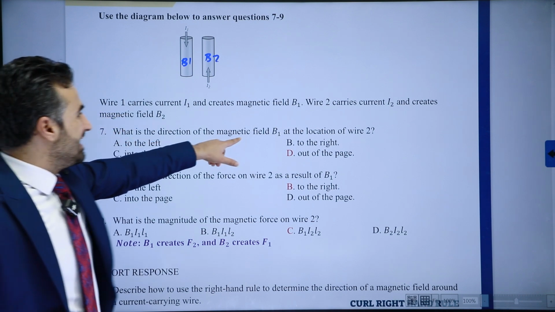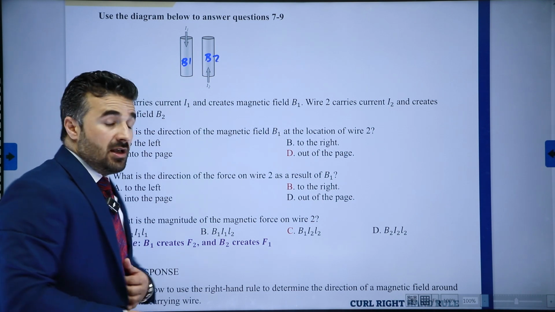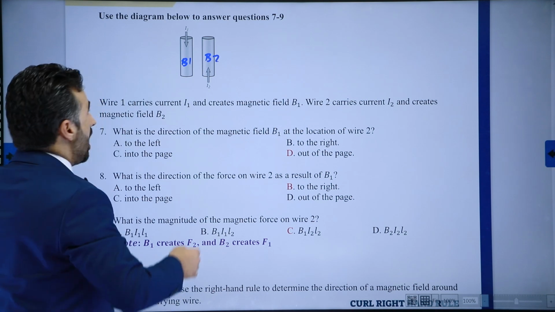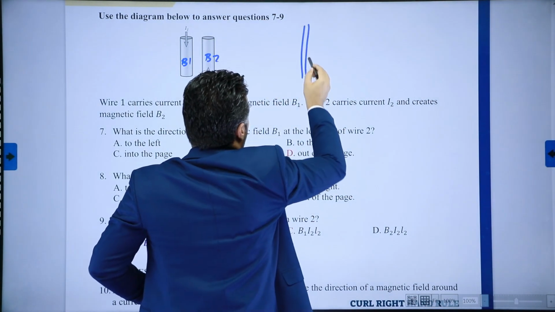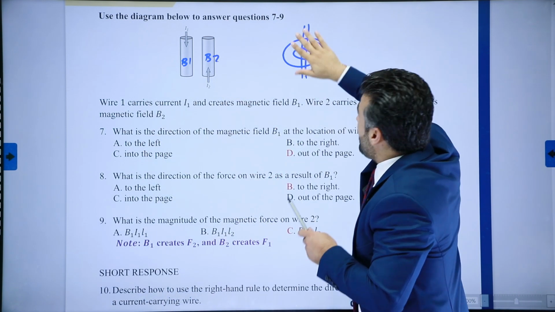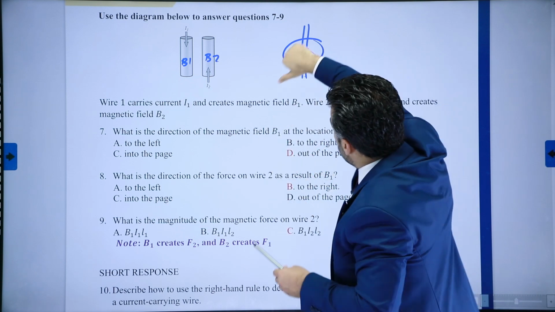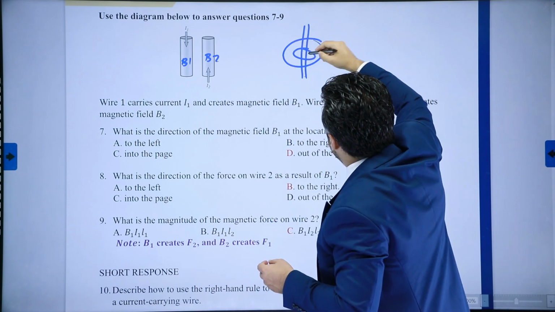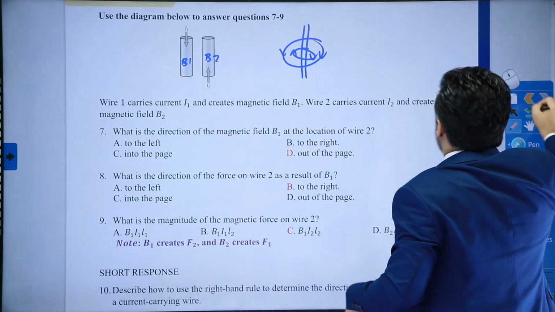What is the direction of the magnetic field of B1 at the location of wire 2? You have to be very careful here. Remember, this is wire 1. If I draw a magnetic field around wire 1, what would be the direction? Remember, the current is moving downward, so this is the direction of the current. In this case, it is going to move clockwise, but you have to be very careful, guys.